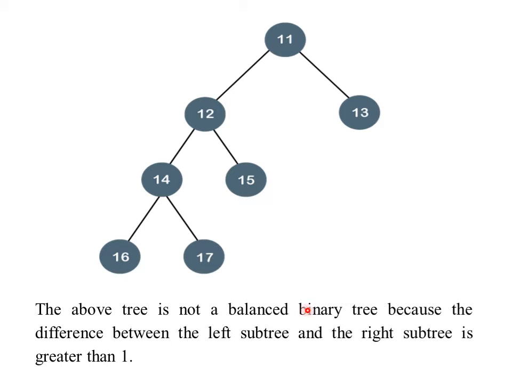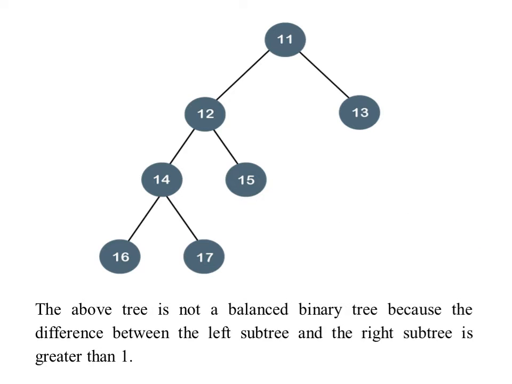The above tree is not a balanced binary tree because the difference between the left subtree and right subtree is greater than 1. See here you can observe it is 1 and this is 2. Therefore, it is not balanced.